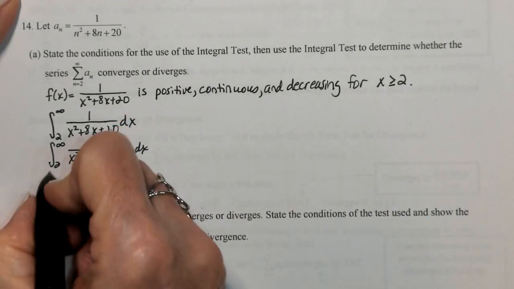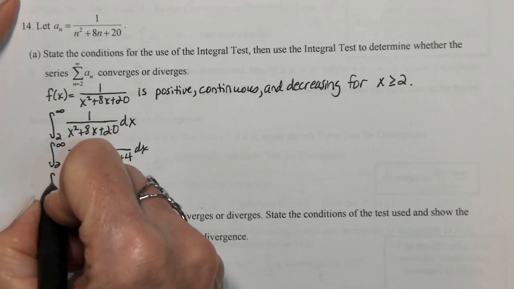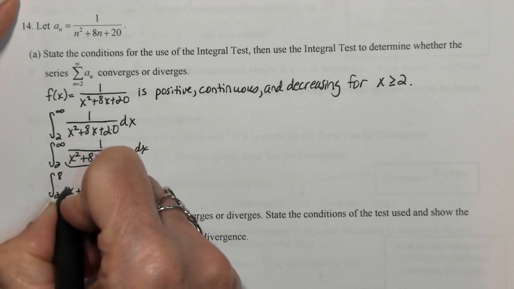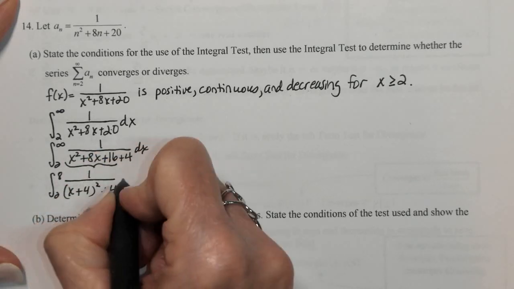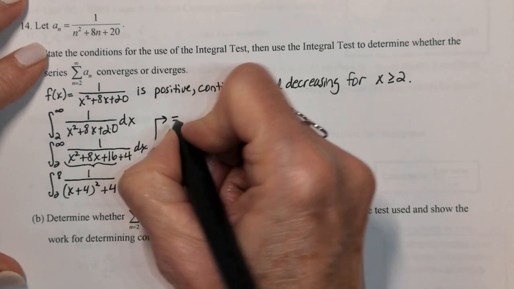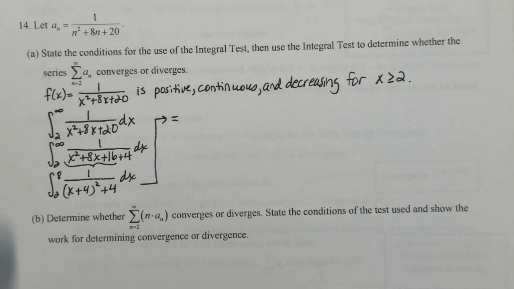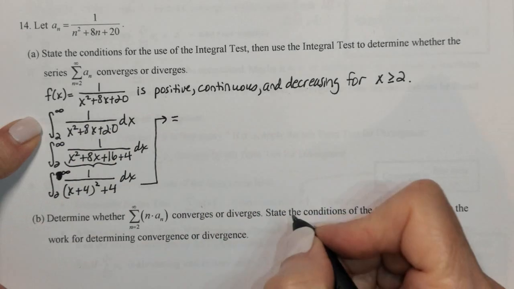Okay. Now factor this part: x plus 4 squared plus 4 over 1. Now I'm ready to integrate this. This is going to be an arctan, right? And oops, I changed that infinity to an 8. Let's go back to infinity.